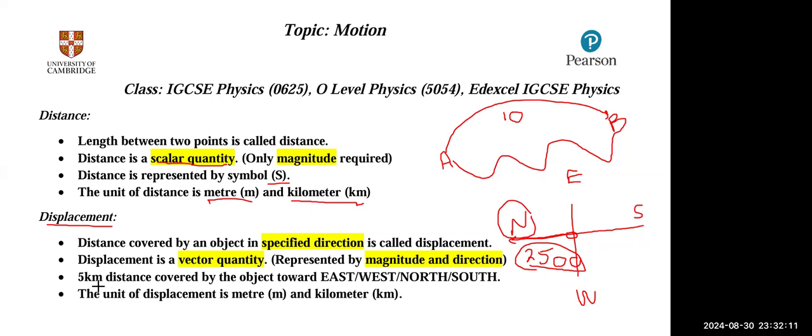For example, 5 kilometer distance covered by the object towards east, west, north, or south. I have mentioned all the directions where an object can move. The unit of displacement is also meter, and sometimes we use kilometer. It depends upon the situation.